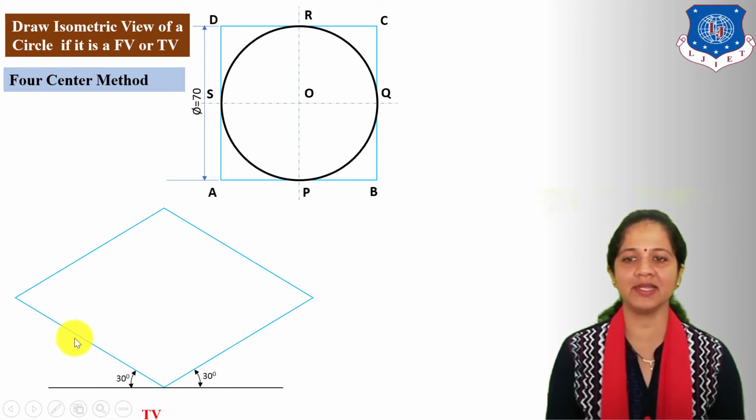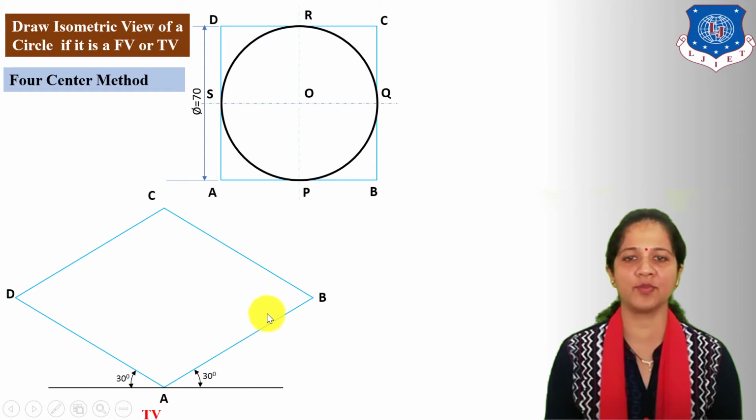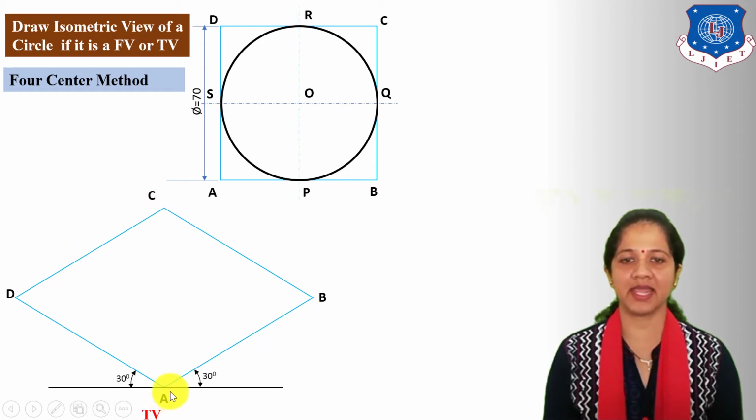Now this line indicates width, and take the maximum width also equal to the diameter of the circle. The angle of the length and width lines from the horizontal reference is 30 degrees. Next, mark the corner points as A, B, C, D.